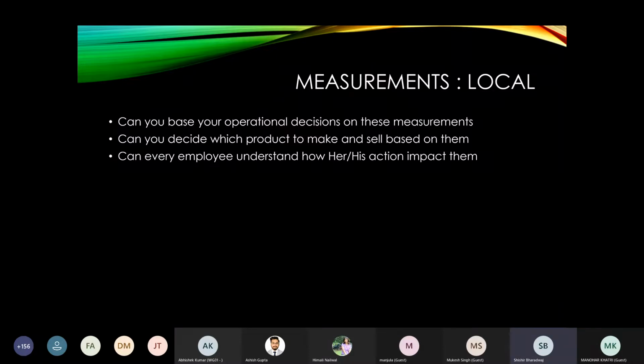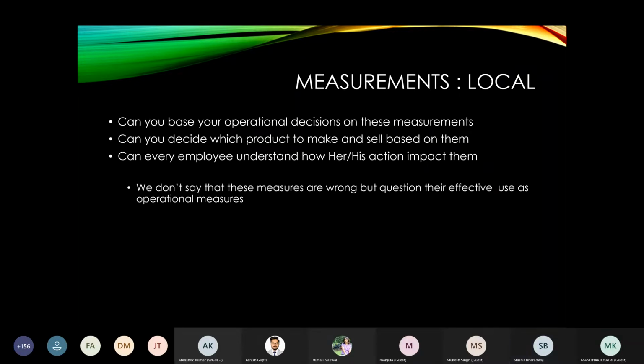Can every employee understand how his or her action impacts the global measurements? Quite unlikely. So the problem is that the global measurements are true, but you cannot use them to run local decision making. And that is why the second aspect of measures of TOC comes into play.